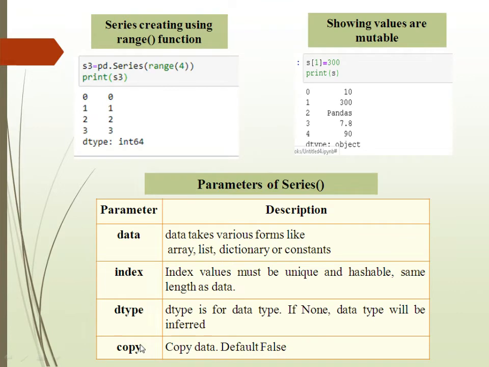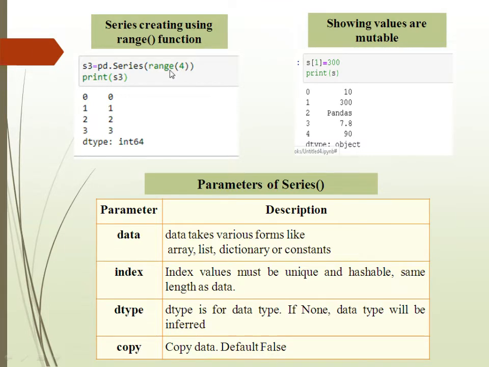Now come to the next thing, that is creating a series using the range function. You can also create a series via the range function. We studied the range function in class 11. Range function is going to give a range of values. So if I write here range(4), it will give me the values starting from 0 to n minus 1.